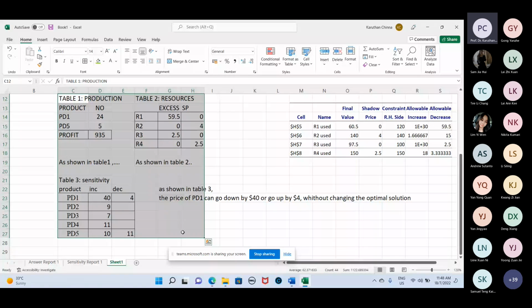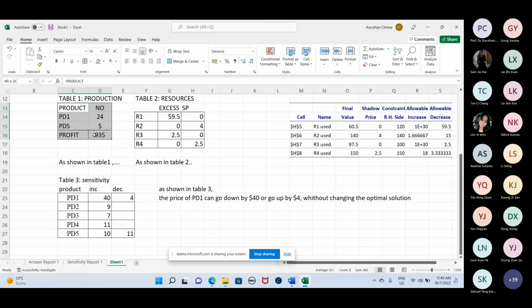What software did you use? Solver. If you give me just table 1 to 3, will I know what you used? No. So you must say at the beginning.